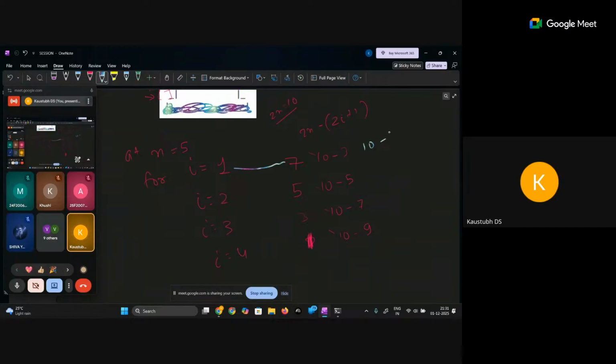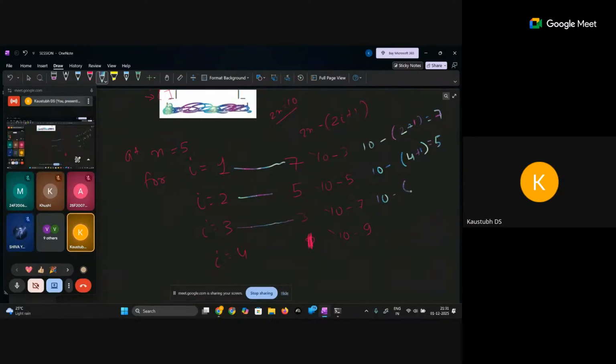So 10 minus 2 plus 1, which is 7. Okay, nice. Then you have 10 minus 2i, which is 4, plus 1, which is 5. Nice. Then 10 minus, here we have 3.